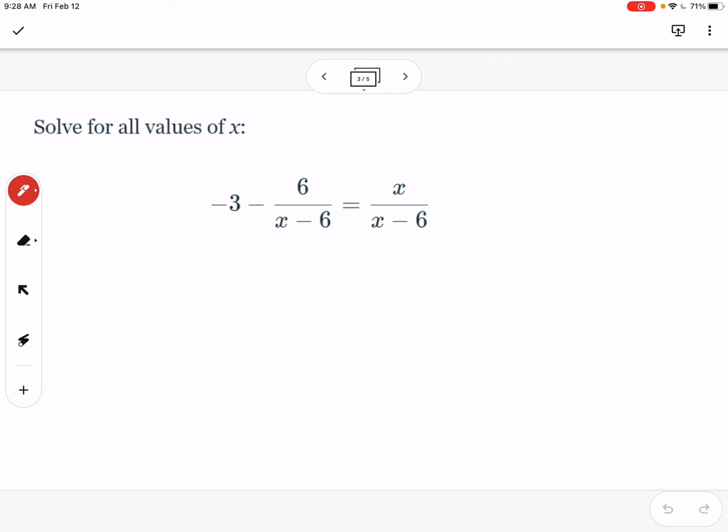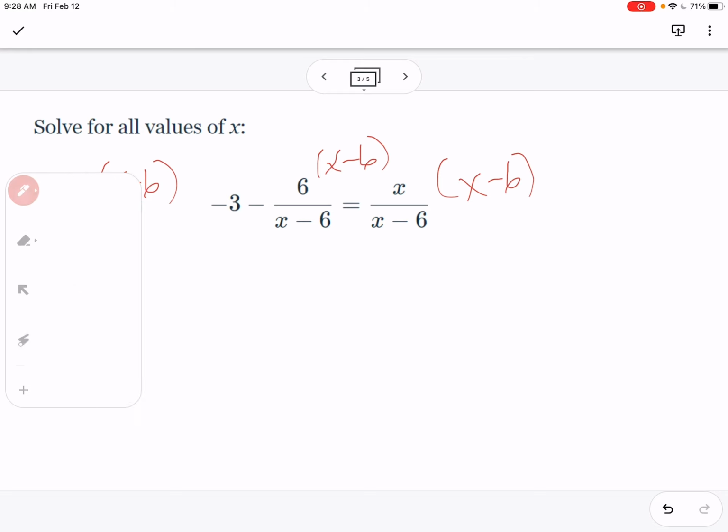So in this last problem type, we already have a common denominator amongst 2 of these. So what I'm going to do is essentially multiply by that common denominator, which is x minus 6, x minus 6, and x minus 6.